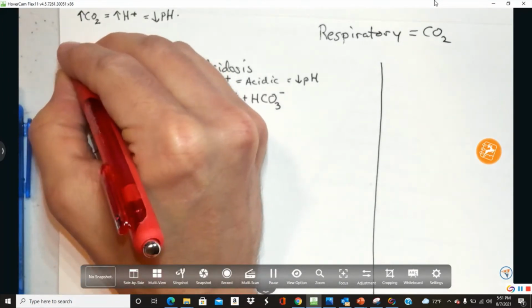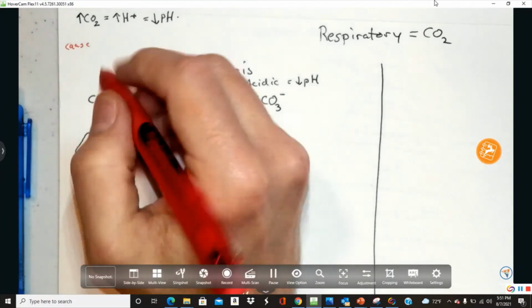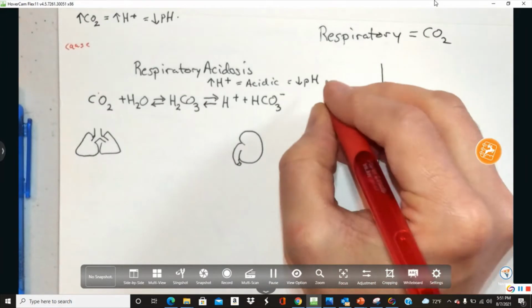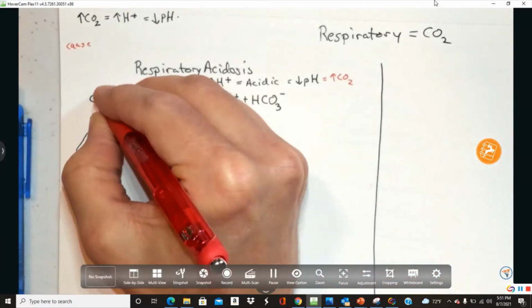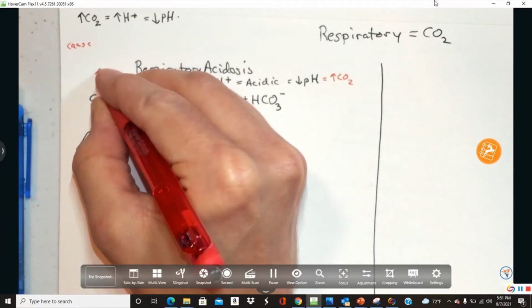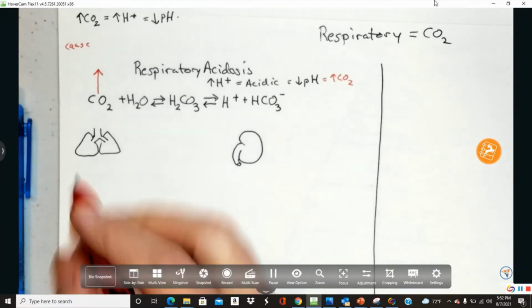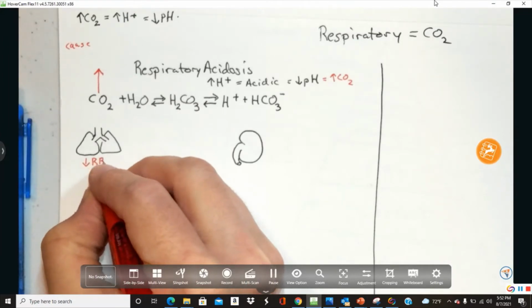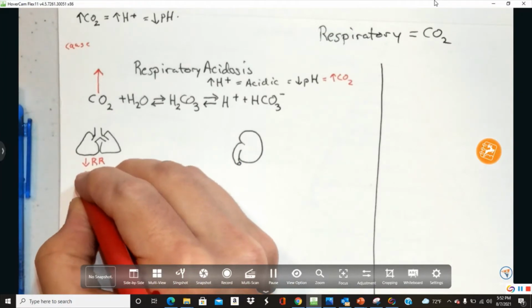And when you're dealing with respiratory, okay, respiratory means lungs. Now, what would cause the result here to become acidotic? Remember, this means I have to have an increase in CO2. We know that is happening, okay? We know that CO2 levels are elevating. Now, there are a few reasons this might happen. One very common reason could be a decrease in respiratory rate, or some kind of decrease in ventilation.